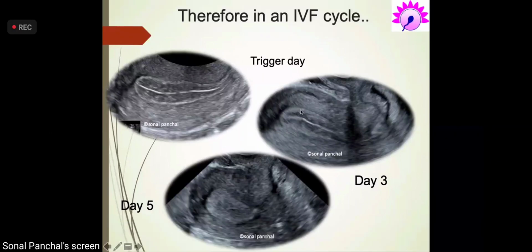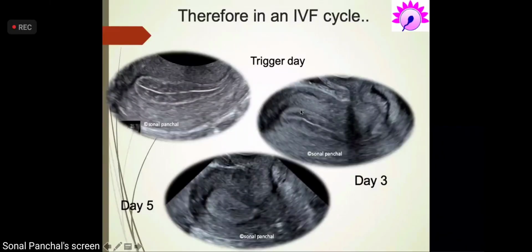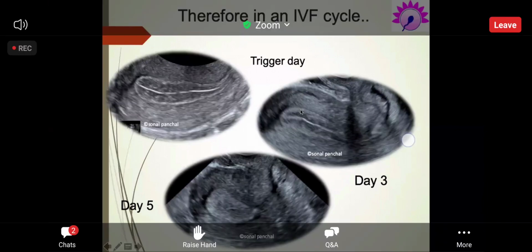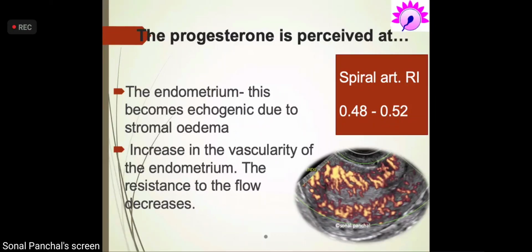The clear correlation between the RI that the progesterone production is normal. But that is not enough. It has to show its sufficient effect on the endometrium.